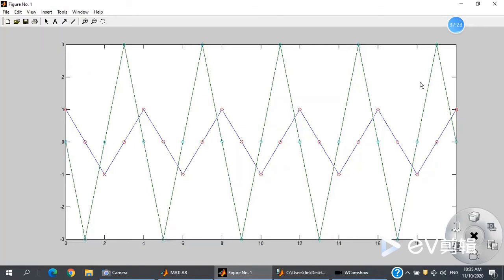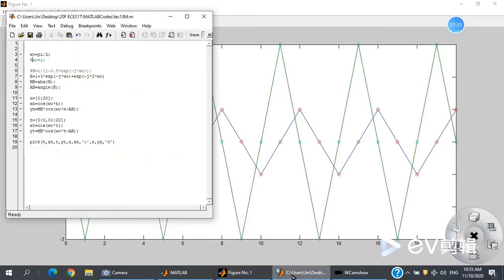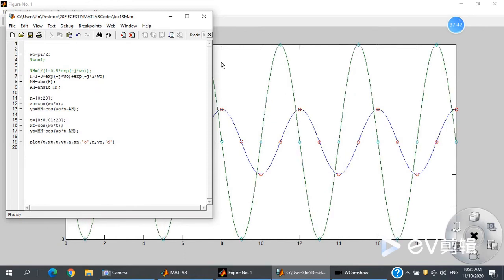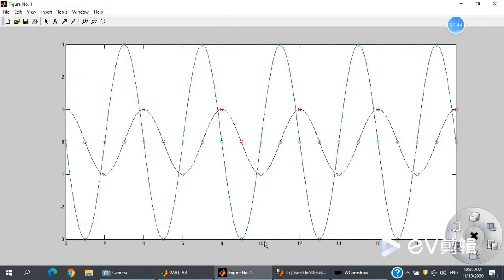Why is it a straight line? I get something wrong. It should be cosine, right? Oh, this is t, here's a dot. Okay, try it. Yeah, now it's good. Right, this is the case where omega is pi over 2.